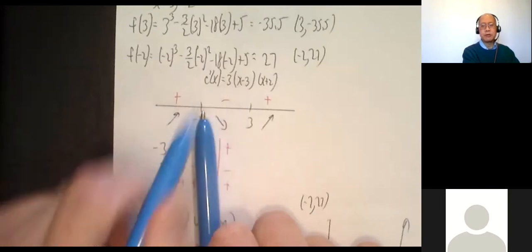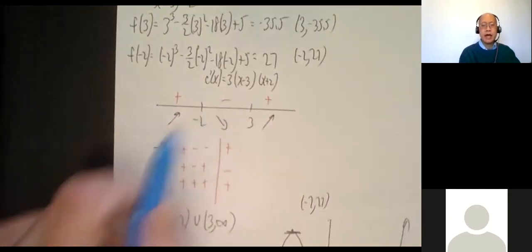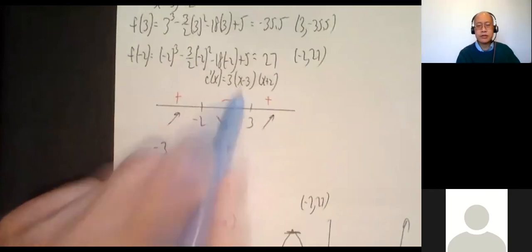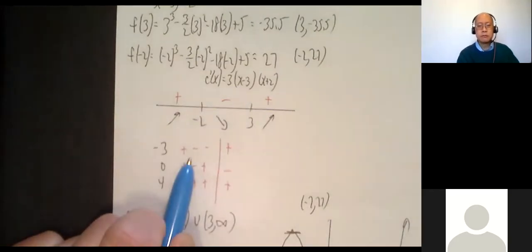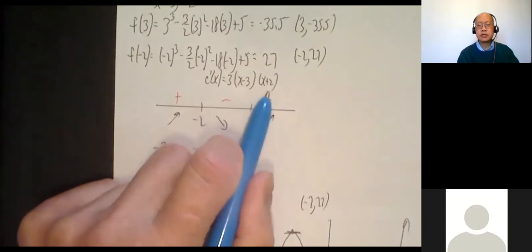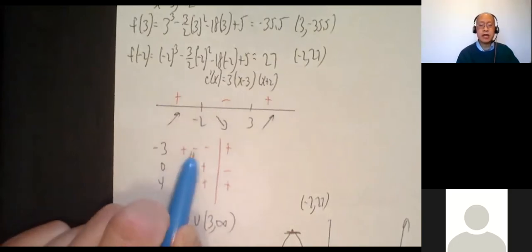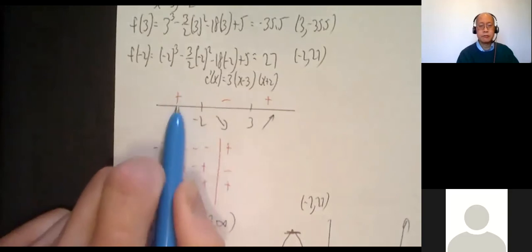Okay, now for the variable expressions. -3: -3 minus 3 is -6, negative. -3 plus 2 is -1, negative. So I have a positive times a negative times a negative, positive.